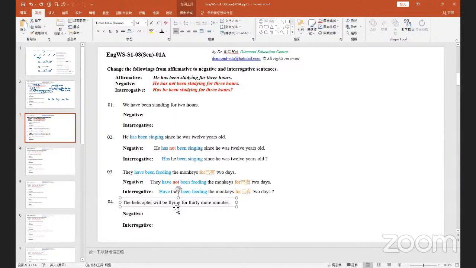This is not present perfect continuous tense. Which few words together form the verb?